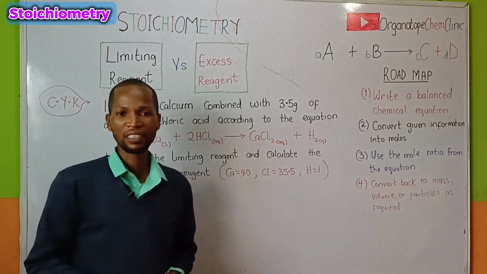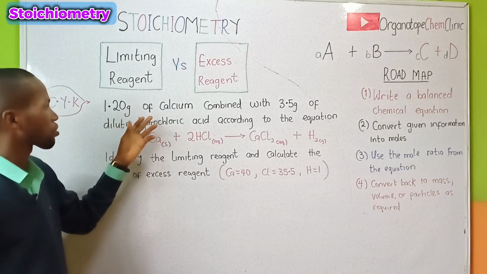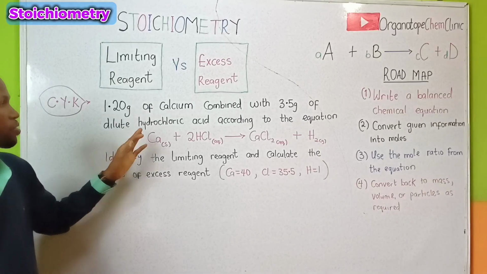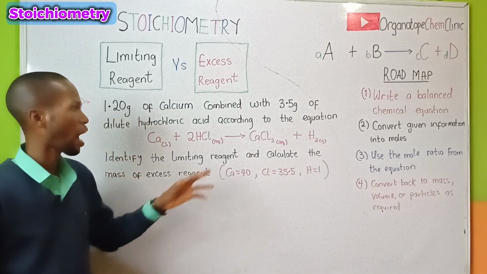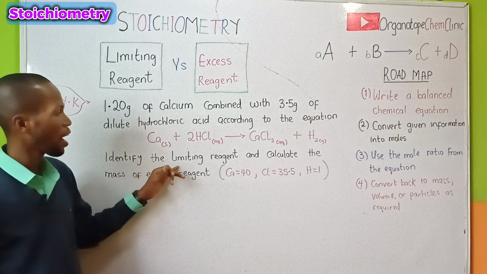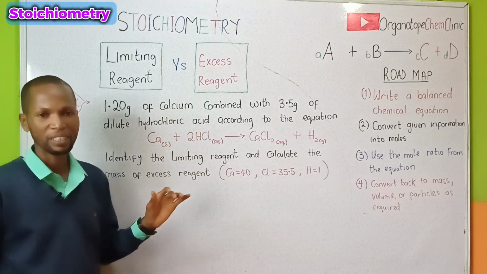Moving on, can we look at this question together? We have 1.20 gram of calcium combined with 3.5 gram of dilute hydrochloric acid according to the equation right here. Identify the limiting reagents and calculate the mass of excess reagents.